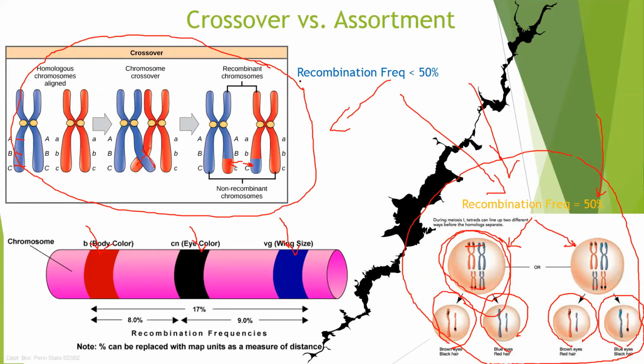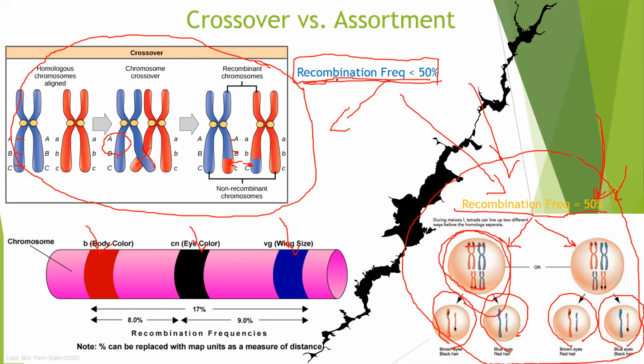Another thing I would like to mention is, if 2 genes are located on 2 different chromosomes, the recombination frequency is always equal to 50%. This is what we have learned. They are independent. However, if the 2 genes, let's say A and B, are not on different chromosomes but on the same chromosome, then the chance you're going to see recombination between A and B is always less than 50%.